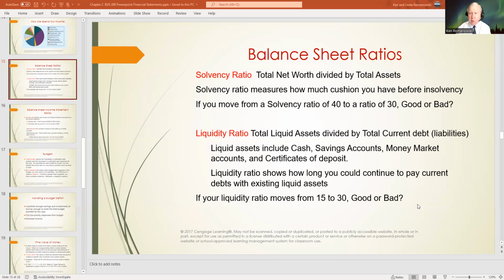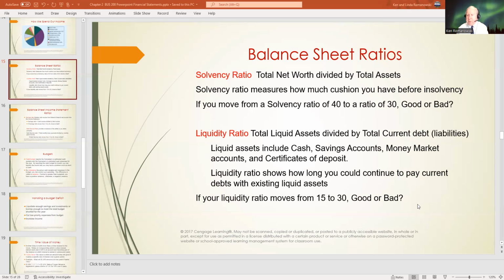So it is important that you have enough cash available in whatever form so that you can continue to pay your bills. So the liquidity is key because it's going to cover you on a short-term basis.